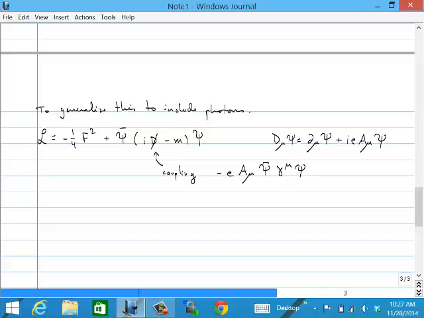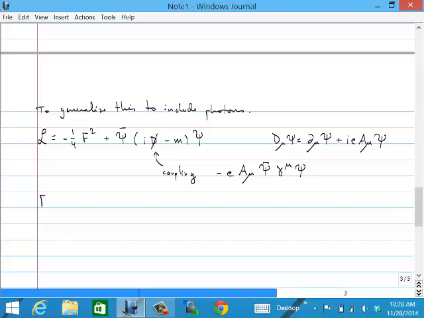Remembering our slash notation, that when you take a vector and you put a slash through it, that means you contract the mu index with gamma mu. Okay. So this leads to another interaction vertex, where now a photon can turn into an electron-positron pair.